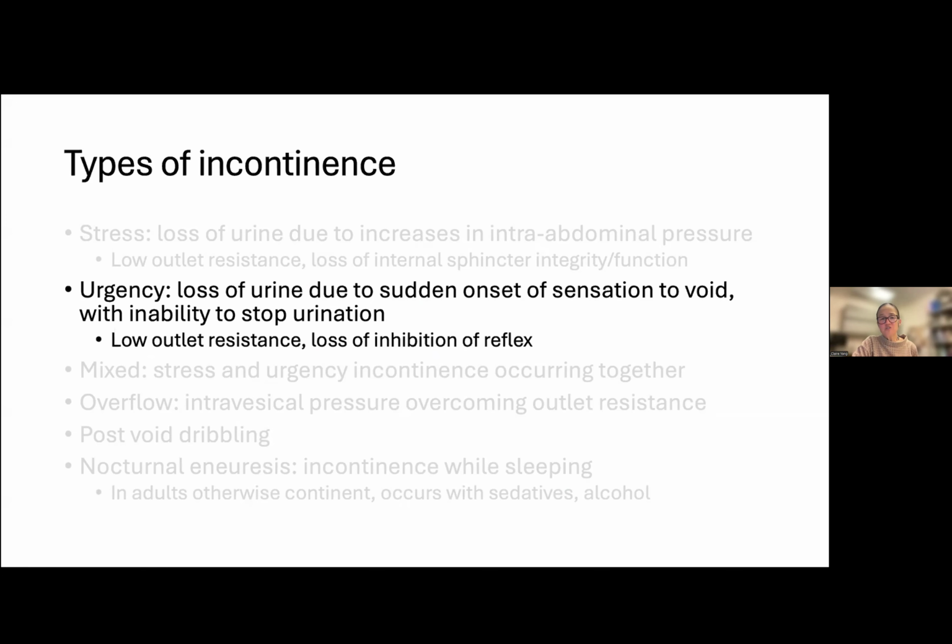But due to a number of conditions, especially neurologic conditions, that ability to tell your bladder to not squeeze diminishes. And this is, in physiologic terms, a loss of the inhibition of the micturition reflex. It can also happen with low outlet resistance as well, sphincter damage.